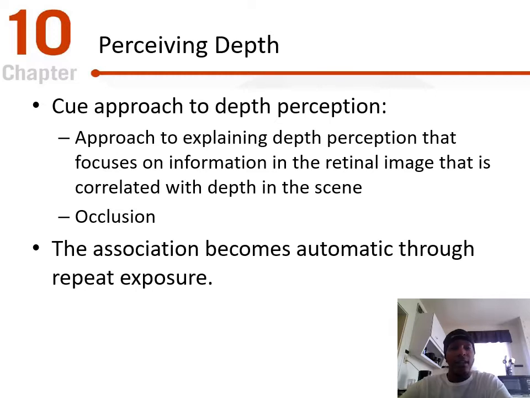The next thing I want to talk about is perceiving depth, and the cue approach to depth perception. The cue approach explains depth perception by focusing on information in a retinal image that is correlated with depth in the scene. And that goes to occlusion. The best way I can explain it is with an example.